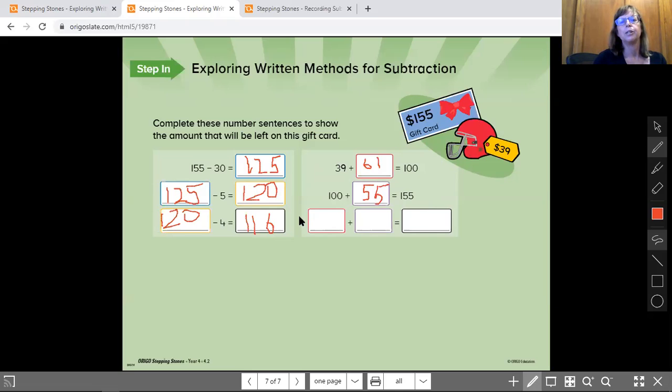And then we need to add up 61 plus 55 and that is 116. So there would be $116 left over on the gift card.